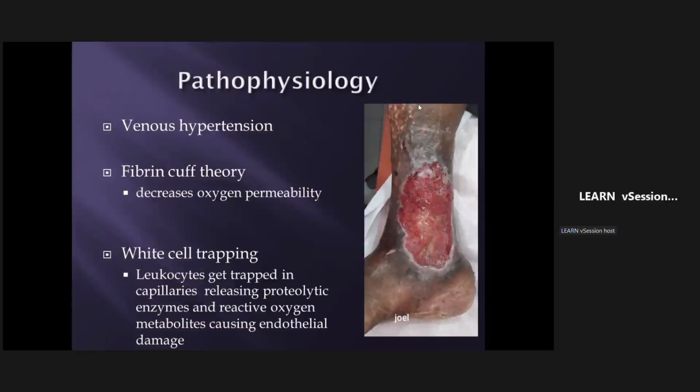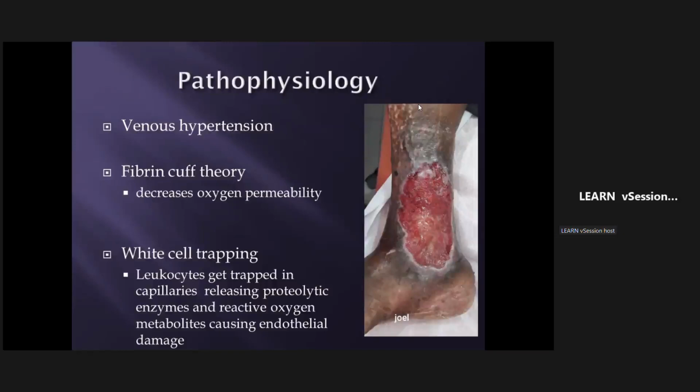In addition, proteins leak out of the capillaries, especially fibrin, and form a kind of covering over the capillaries, resulting in reduced permeation of oxygen and nutrients. Then the ulcer doesn't heal.